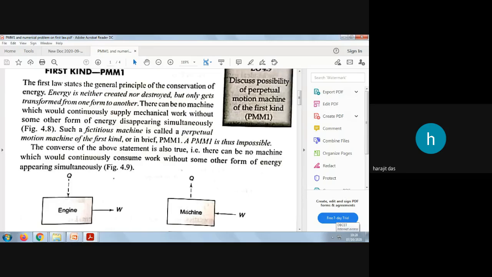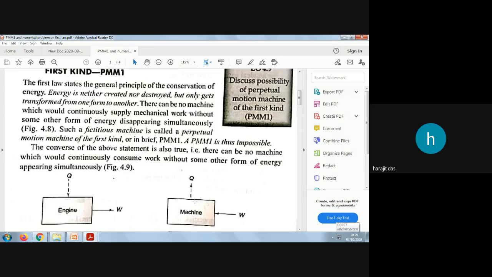And the reverse is also impossible. That is, the converse of the above statement is also true. There can be no machine which continuously consumes work without some other form of energy appearing simultaneously. So if work is not consumed, it cannot produce heat.